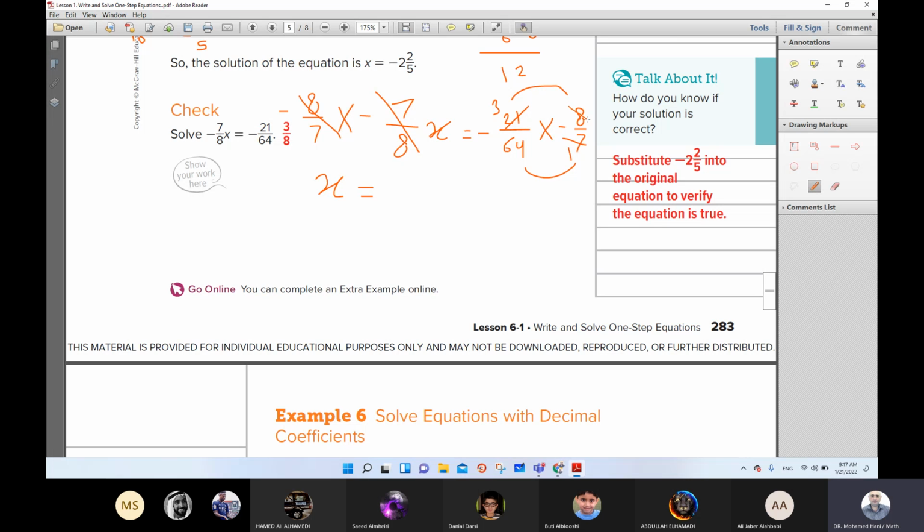We have here 8 and here 64. 8 divided by 8 will be 1, and 64 divided by 8 will be 8. So remains up 3 times 1, 3, and down 8 times 1, 8. So the answer will be x equal 3 over 8. This is the solution of this equation.